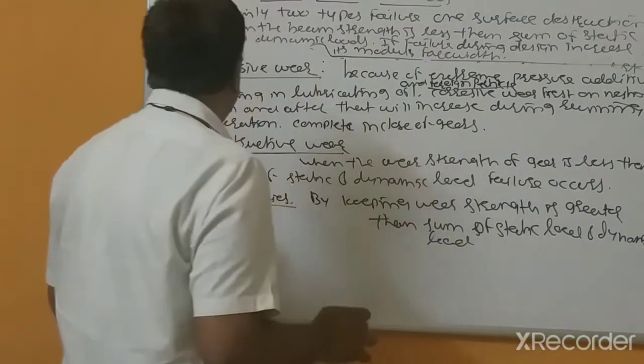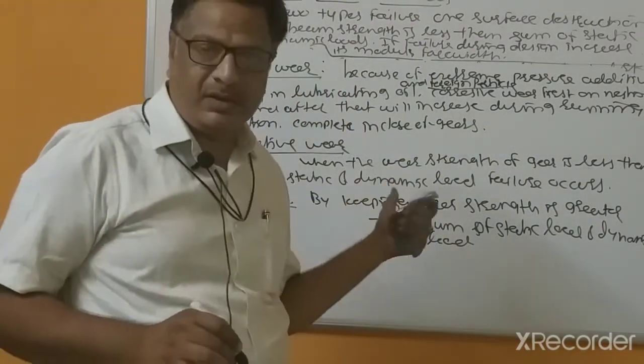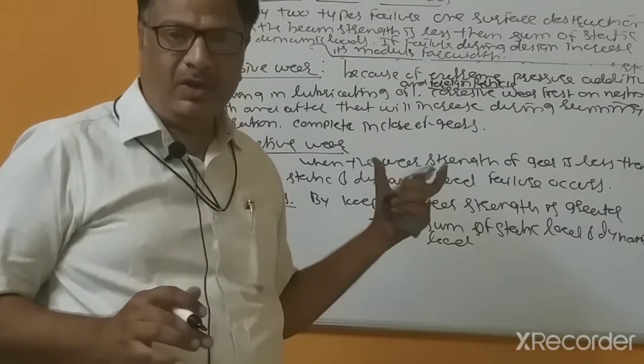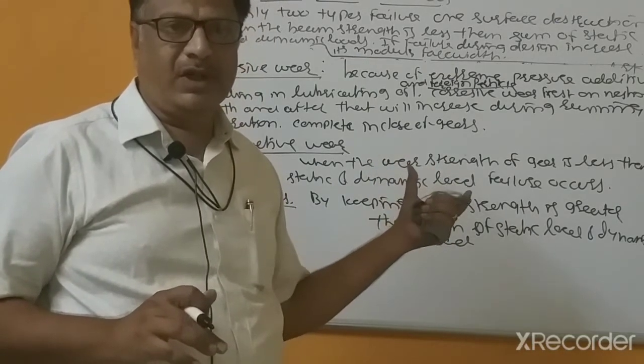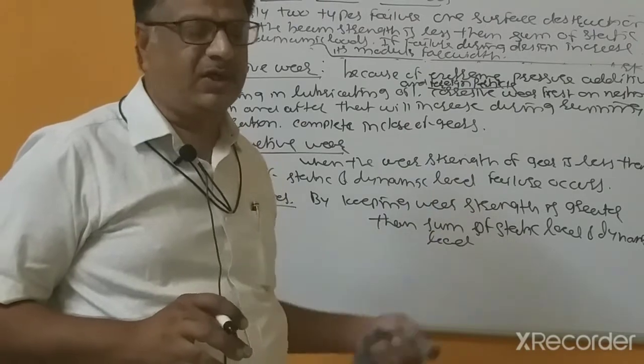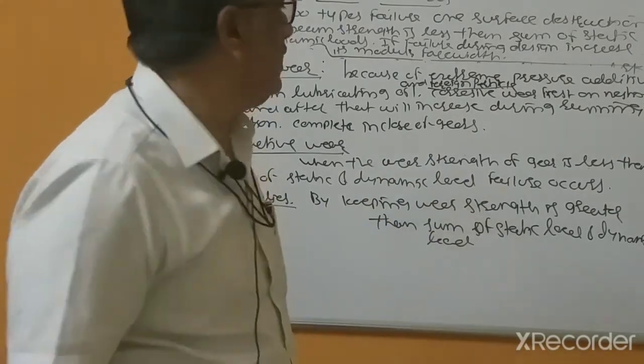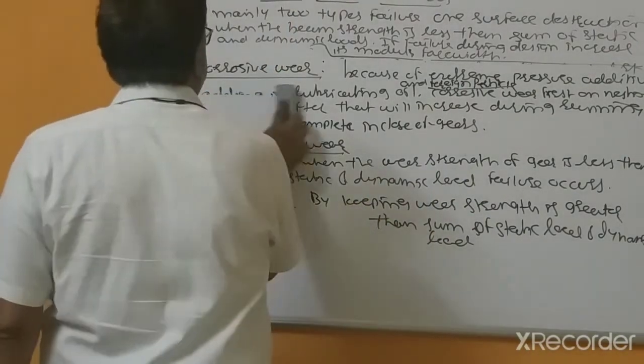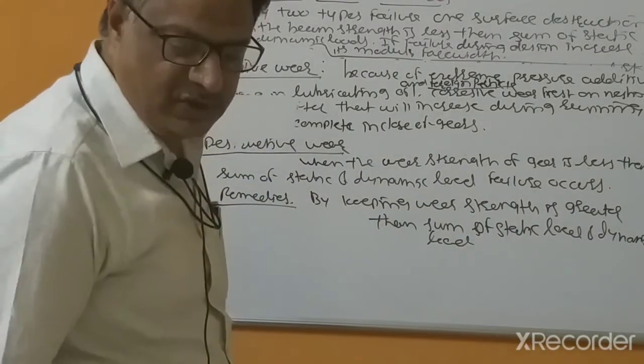Such destructive wear you can avoid by keeping the wear strength of the gear materials greater than the sum of the static and dynamic loads. The last type is scoring.